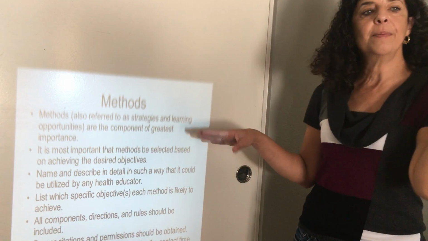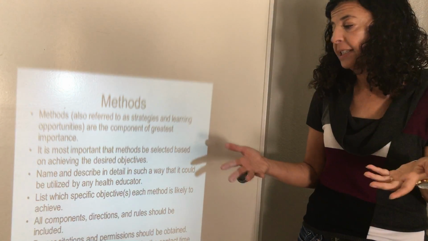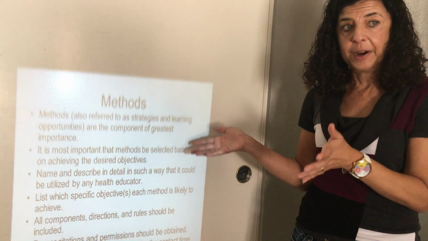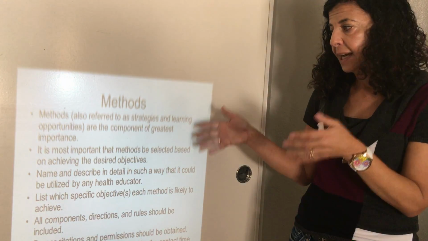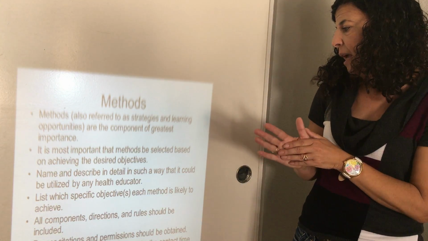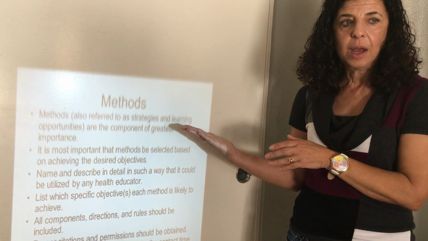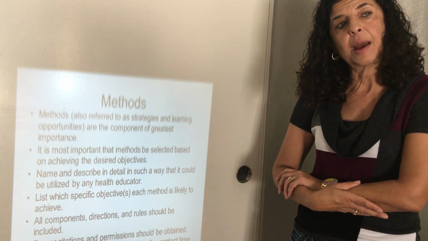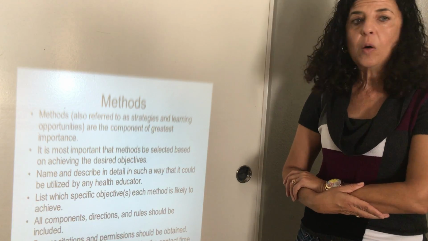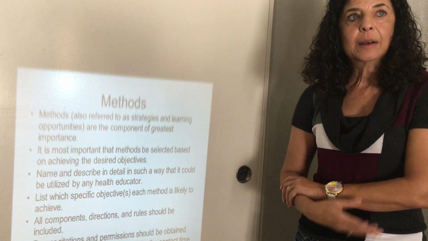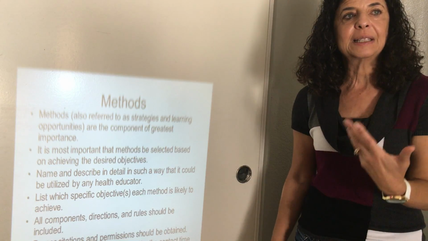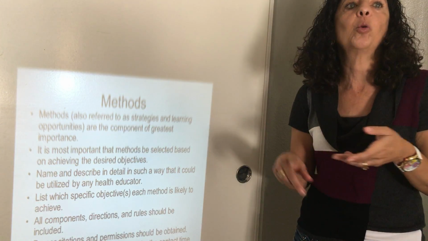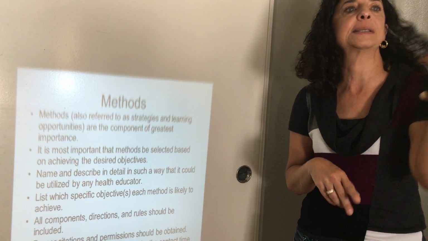And then your methods or your strategies, again, this is chapter 4. That's really where a lot of your attention needs to be. You want to select the appropriate methods based on what your outcomes and your objectives are. So when you're preparing assignment 3, one of the things I don't want to see is only using PowerPoints or only using videos or something like that.